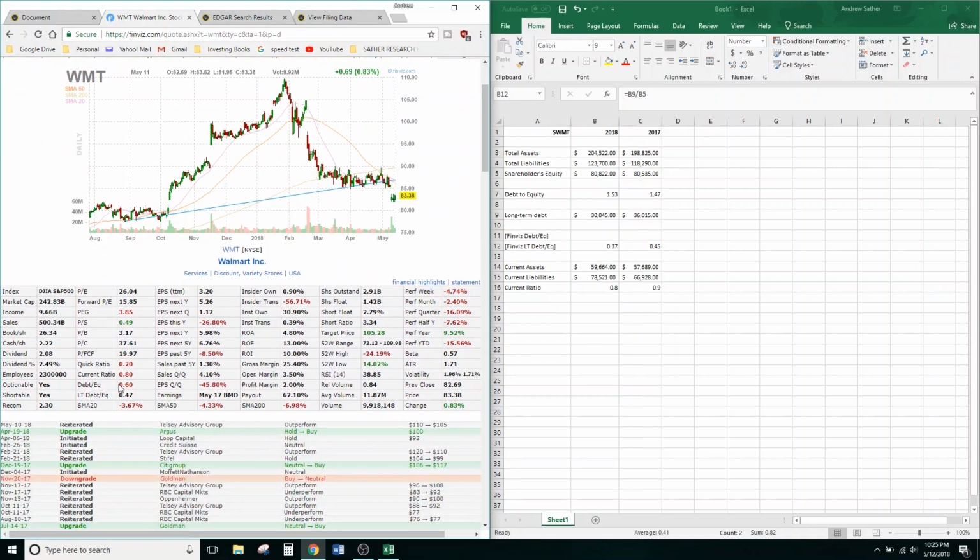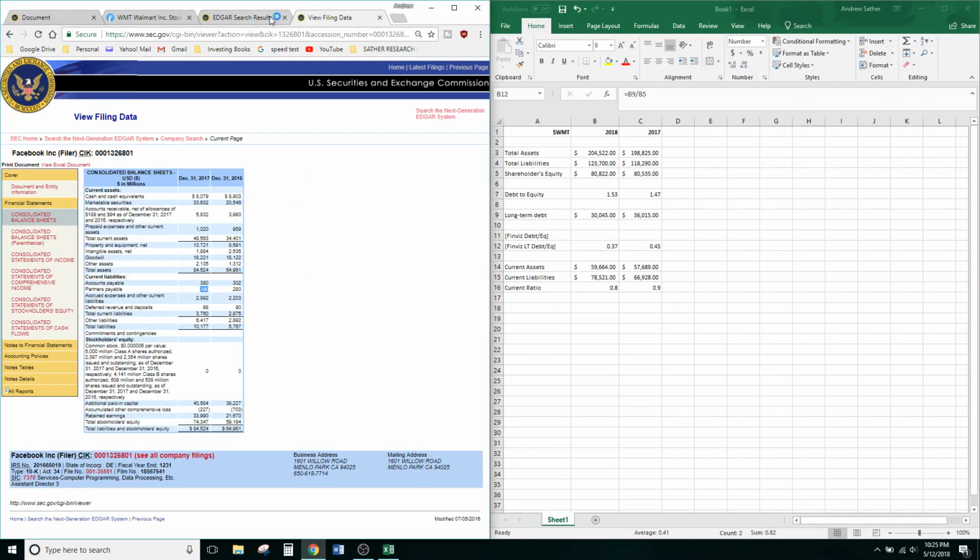Make sure we're looking at Walmart, not. Okay, that's off again. I really don't know why. They're reporting earnings May 17th, so they can't be going off that newest 10Q.